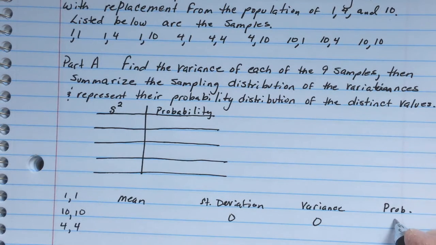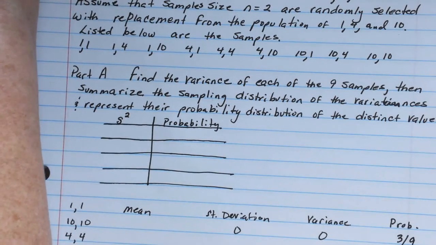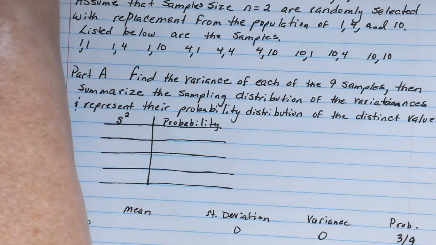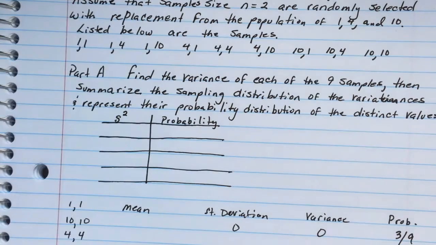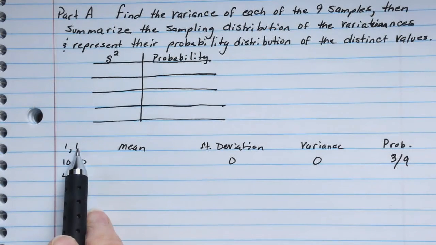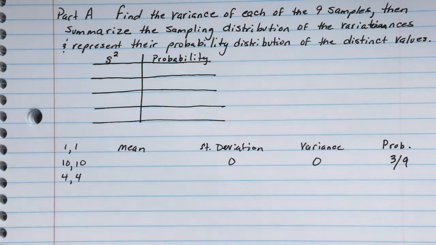So the probability of getting a variance, all right, they are not going to deviate at all. 1 is 0 away from 1, 10 is 0 away from 10, and 4 is 0 away from 4.